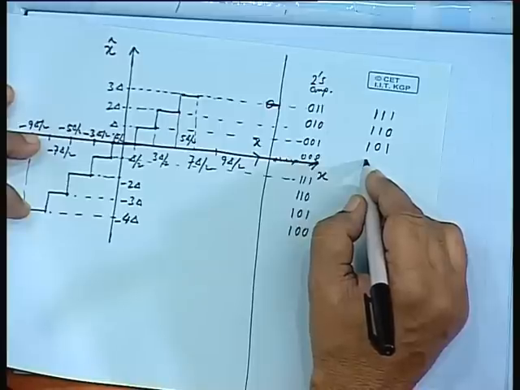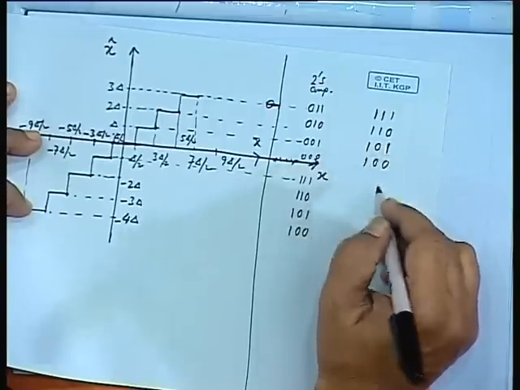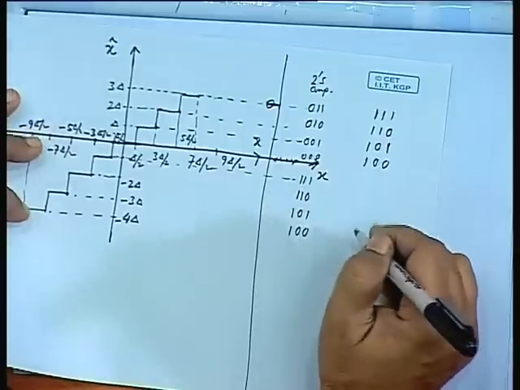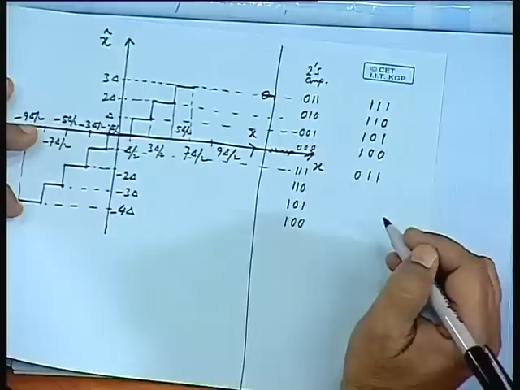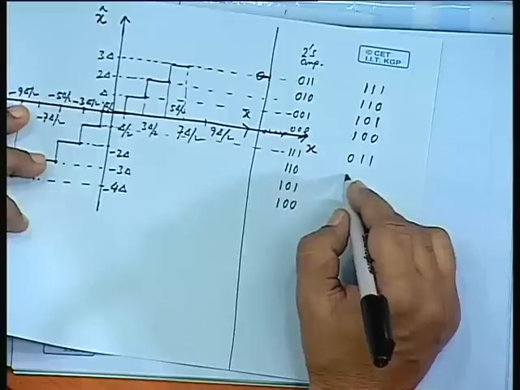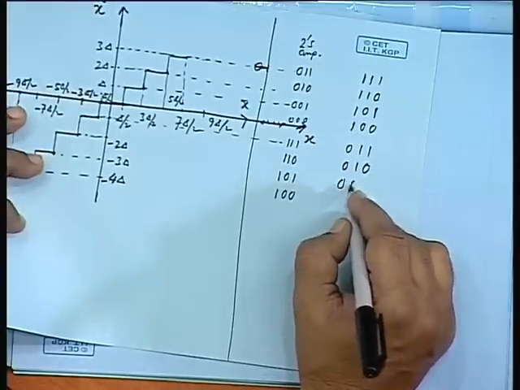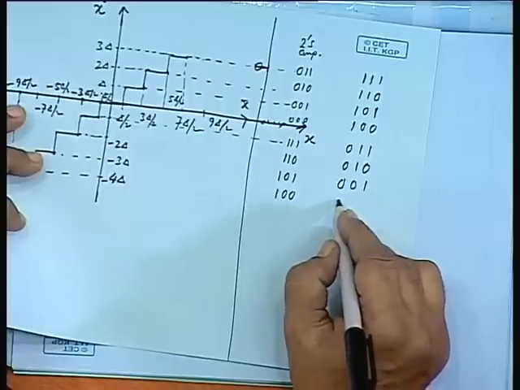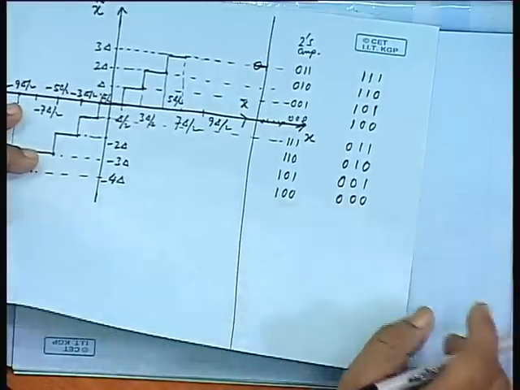This one will be 100. Similarly, this one you can fill up 011, then 010, 001 and 000. Okay.